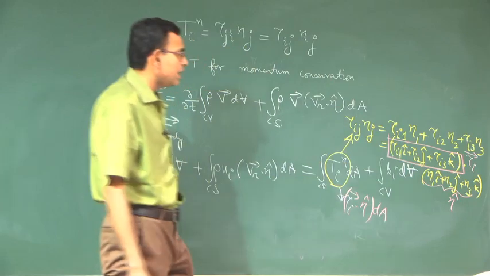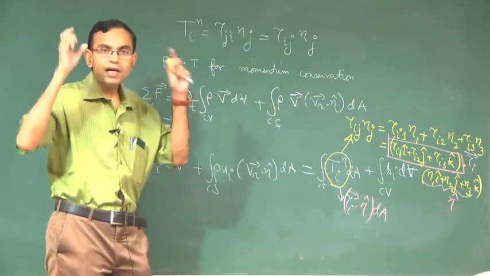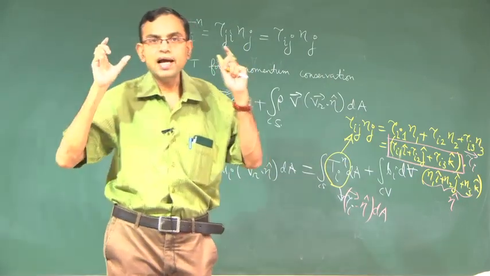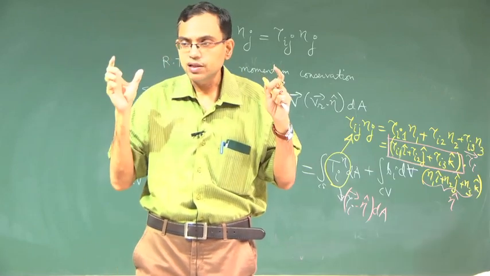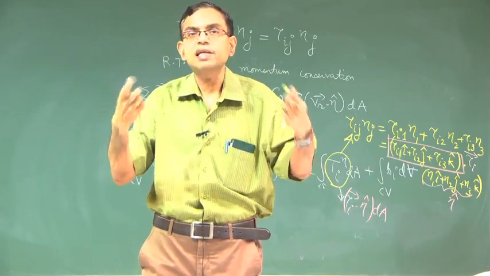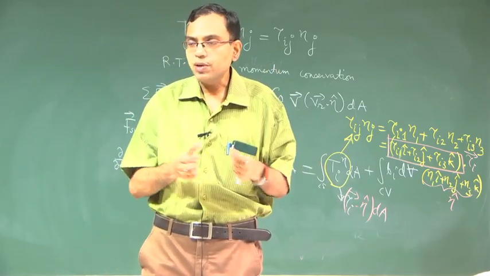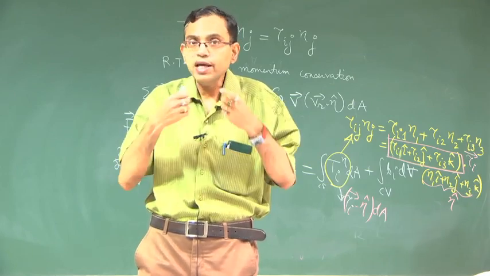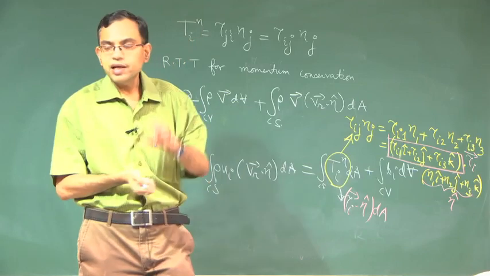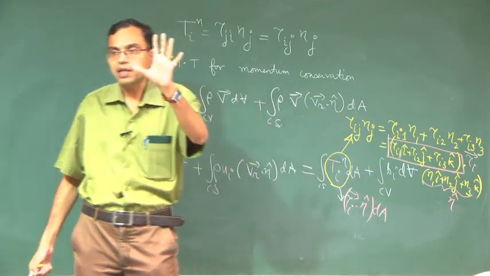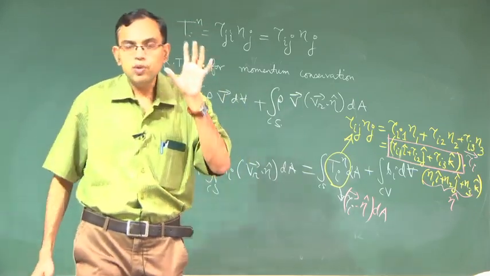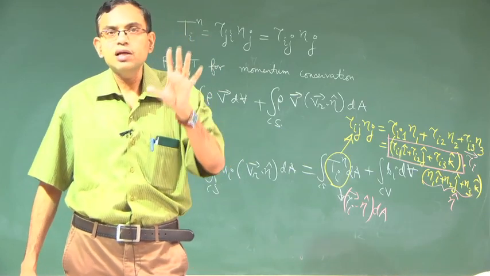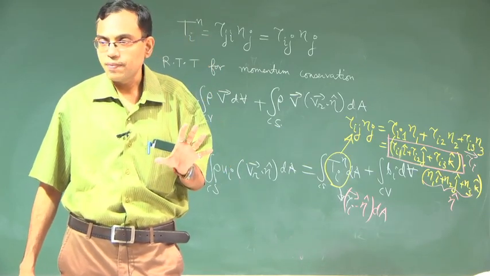Why we are doing all this? We are keeping a strategy in mind, and as a teacher it is very important that we expose this strategy to our students. Otherwise students will try to memorize these derivations, but why we are doing this? See, Reynolds transport theorem gives us an integral equation. We want to derive a differential equation for momentum conservation.